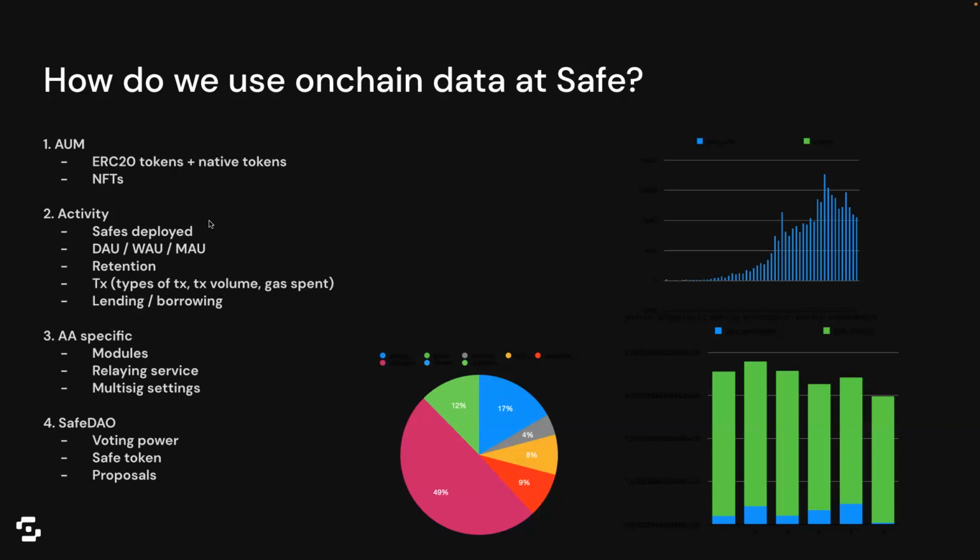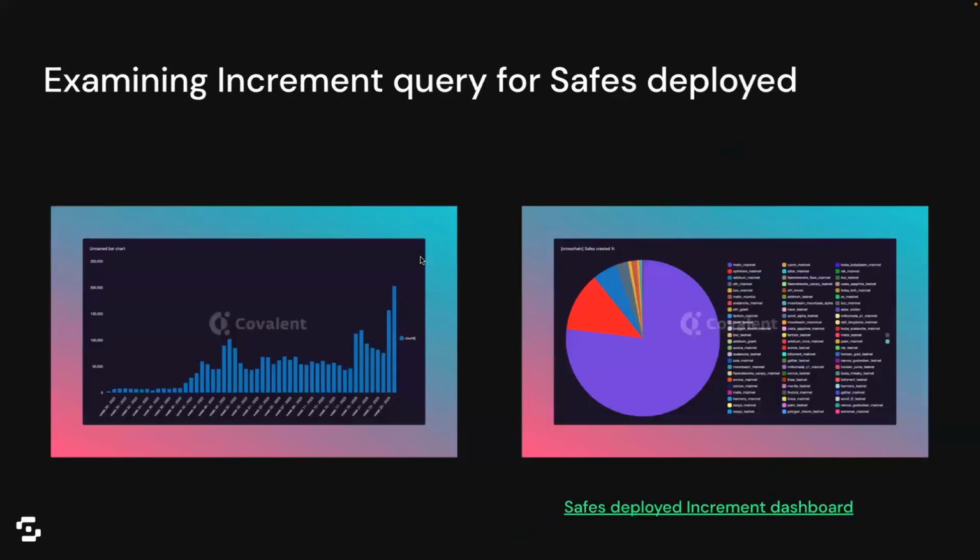With the SAFE token, you can take part in these proposals, and you can also see how many people are voting, what the voting power is, and what the resolution of the proposal was, etc.